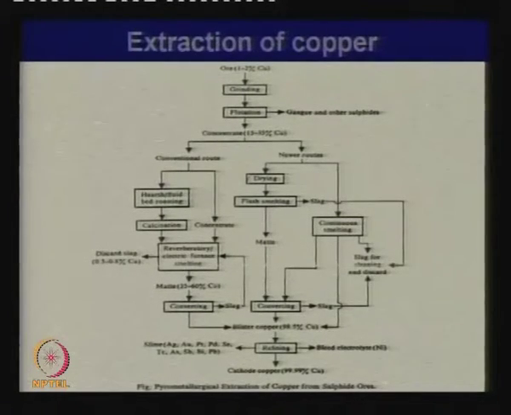I mentioned the pyrometallurgical steps in extraction of copper. In the conventional route, there are lots of operations. We have roasting, then reverberatory smelting, converting. These are combined in the flash smelting process. Roasting and smelting are combined.